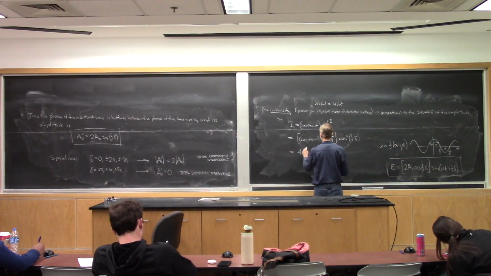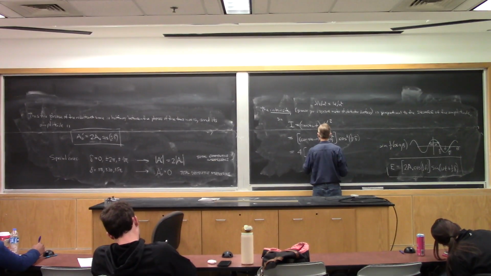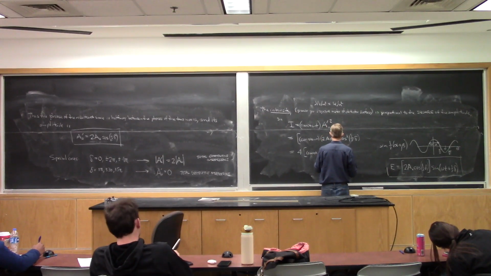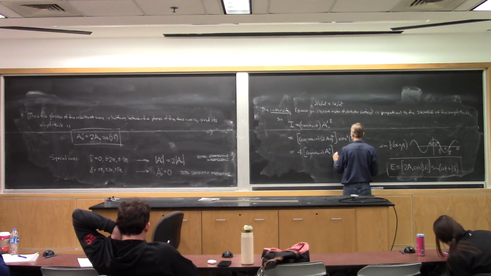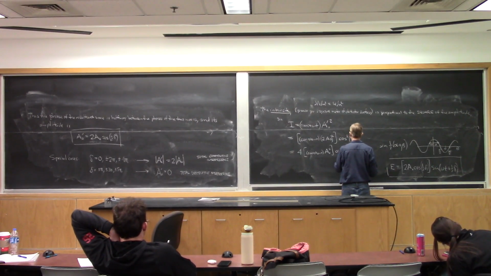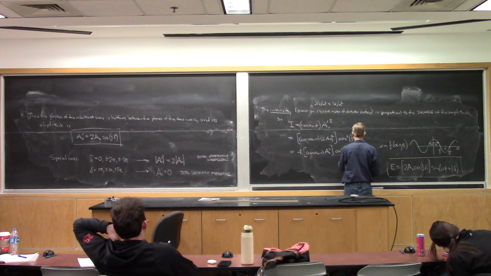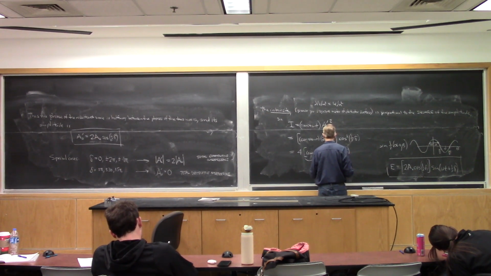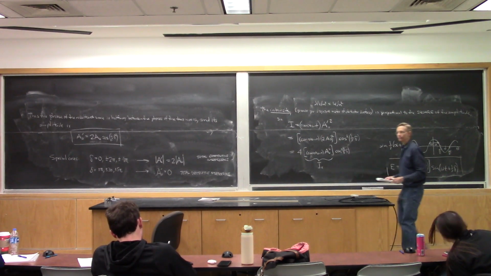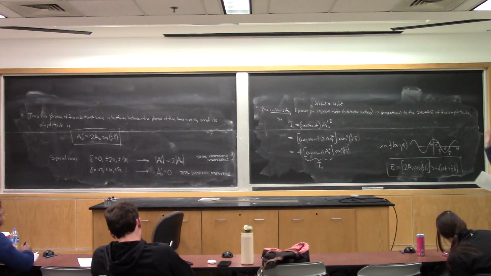4 times constant times A naught squared times cosine squared of half delta. But let's call that I naught, the intensity from either slit by itself.